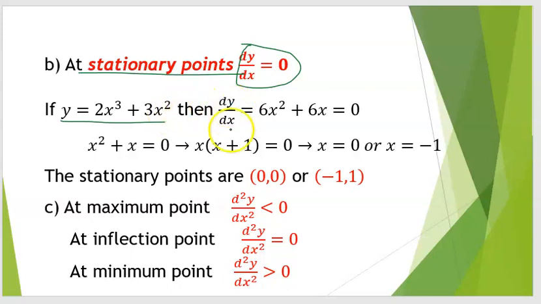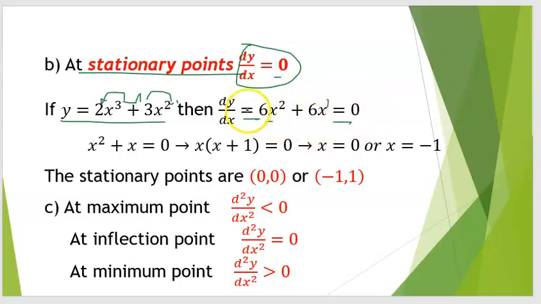Then dy/dx equals: take the 3 to multiply with 2, which gives 6, then subtract 1 from the power, which gives 2. Then plus, take the 2 to multiply with 3, it's 6, then subtract 1 to get x to the power 1. So dy/dx equals 6x squared plus 6x. But remember, at a stationary point dy/dx equals 0, so I'm equating it to 0.